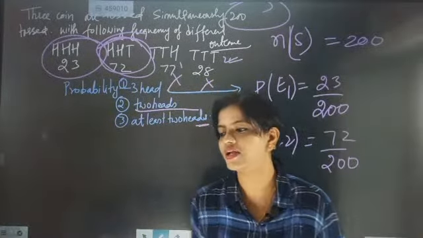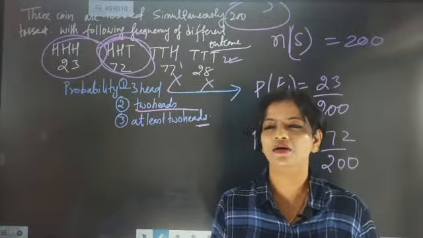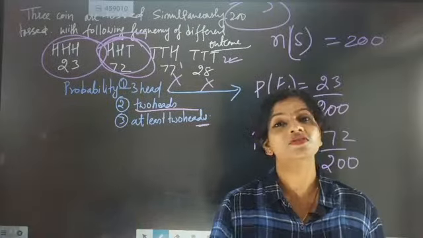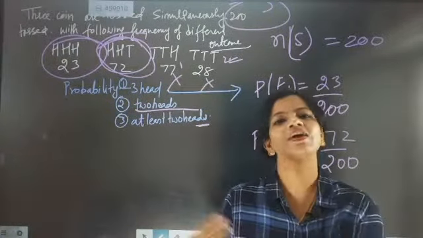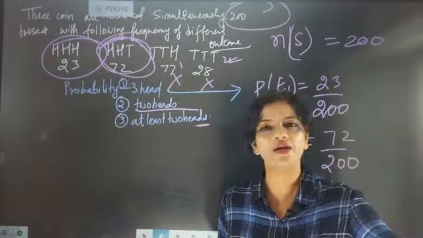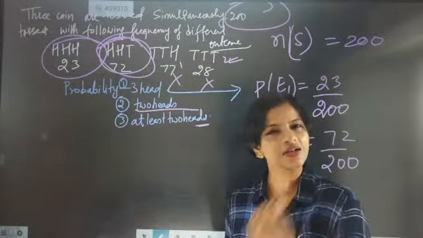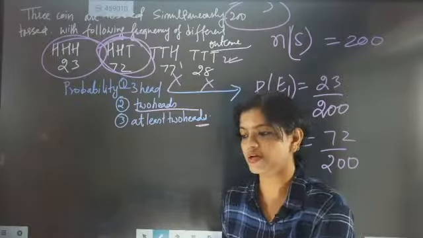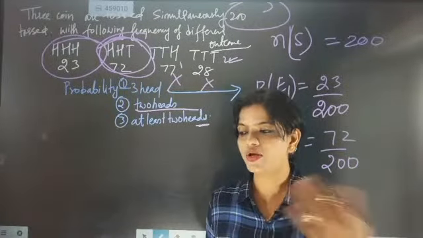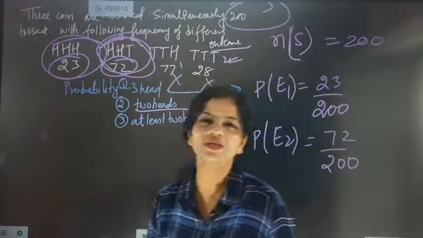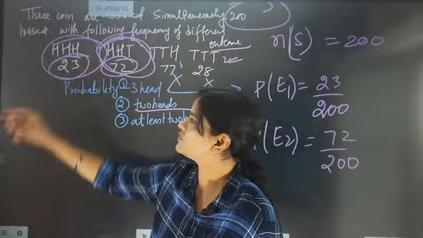If I tell you that I can eat at least 2 chocolates, it means I can take 2 and more than 2. 2 is my initial phase. After that I can eat as many chocolates as I wish. So at least 2 heads means 2 and more than 2. Here our limit is 3 only, because maximum 3 heads are there.